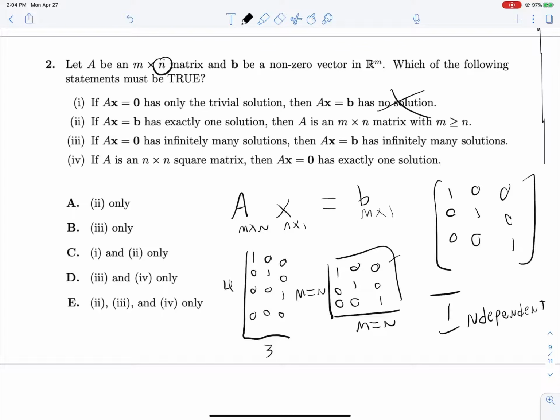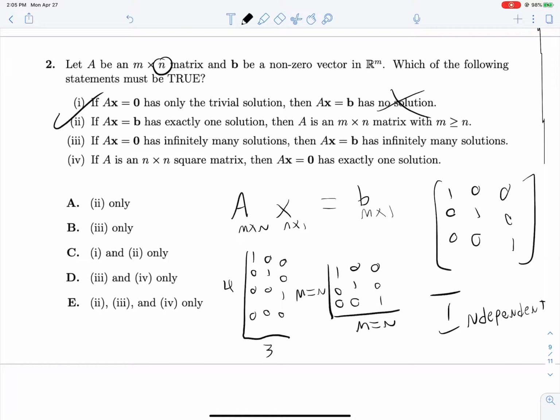But the minute we try to add a fourth column, where are we going to put another pivot position? There's no way to put a pivot anywhere where it won't be interfering or already in the span of the other 3. So yes, in order for the columns to be independent such that Ax equals B will have exactly one solution, our matrix needs to be either taller than it is wide or square. That's long-winded, but we got there in the end.